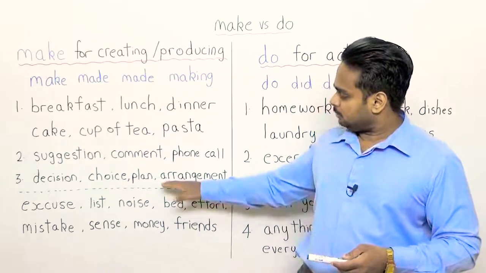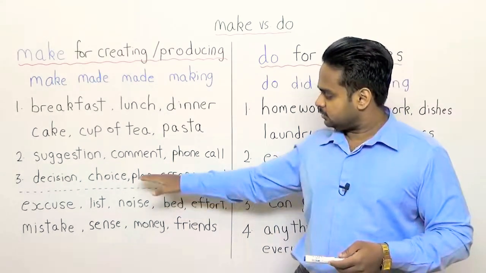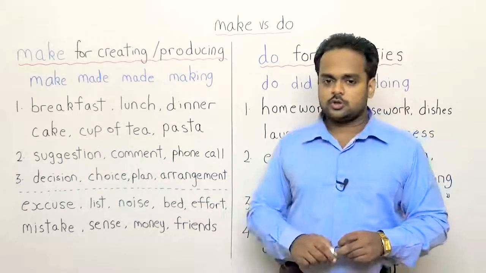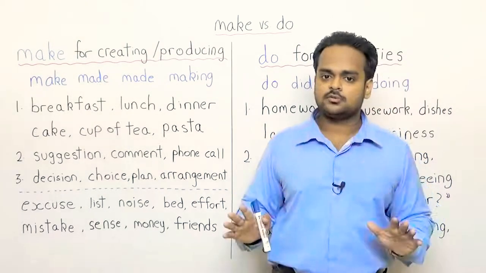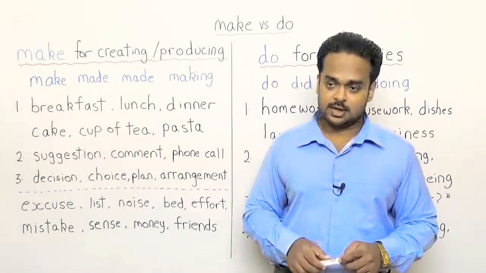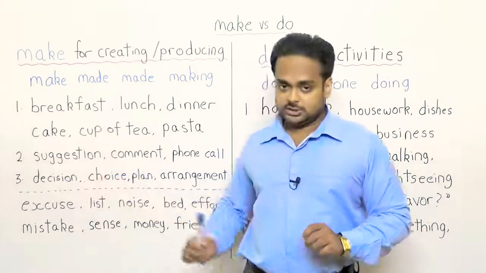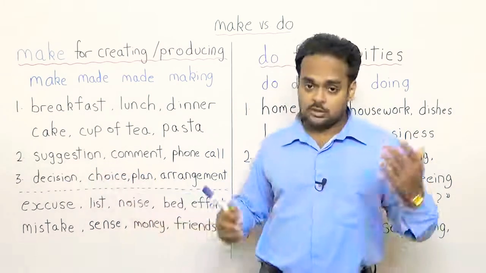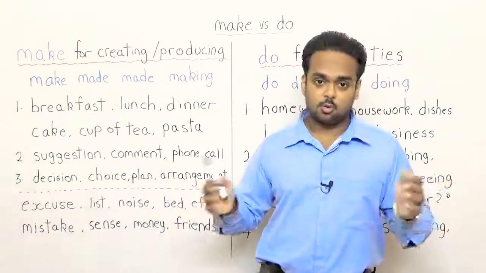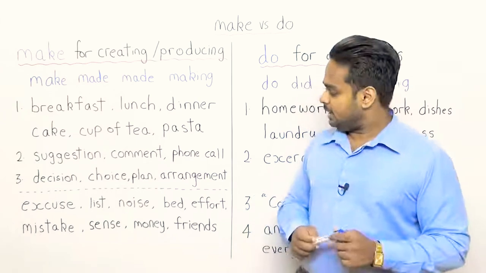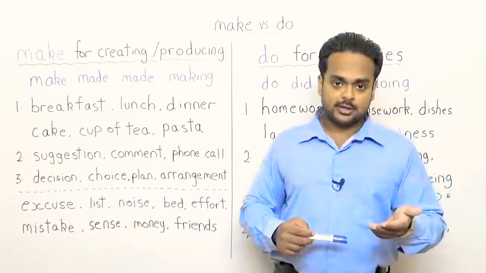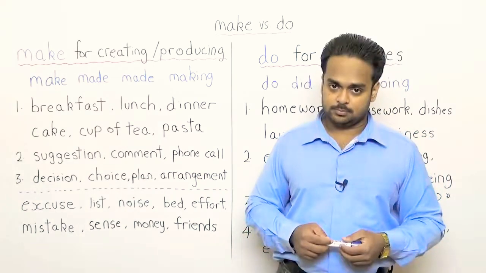Now this next set of words are all words relating to thought. And this is an area where a lot of students make mistakes. Okay? We make decisions and we make choices between two options. We don't do decisions or do choices. In the same way, if you're working on a project, you will need to make a plan for the project.